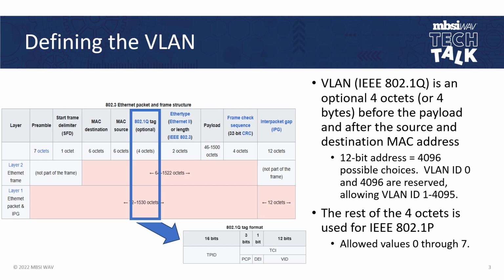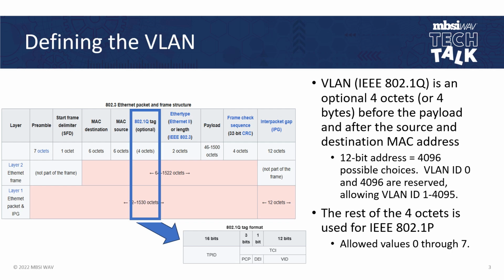You'll notice down here the 802.1q format is 16 bits long, of which 12 bits we use for the VLAN tag itself, and then we have an ether type that identifies where this is, and so tells the receiver of this frame what to do with it. 802.1q is an optional 4 octets before the payload. This is important. It's before the payload.